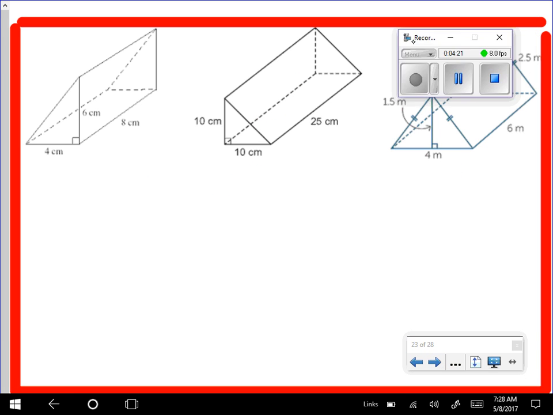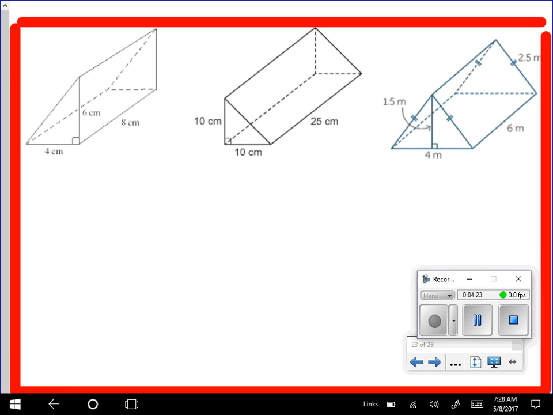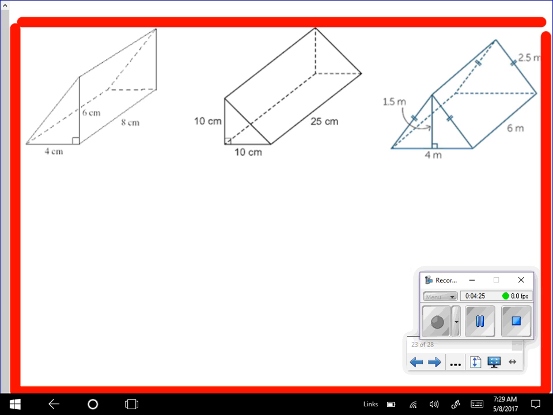All right, so here we have our three examples that we're going to be working on. I'm going to do the first two with you a little bit, and then you'll try the last one. Okay, so the first one, volume of a triangular prism is the area of the base times the height.